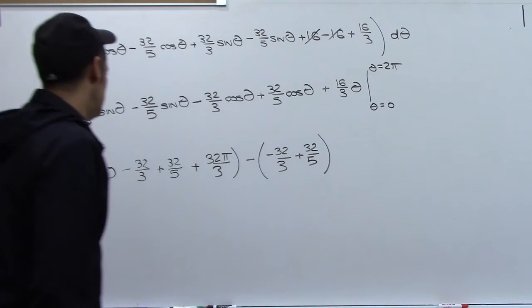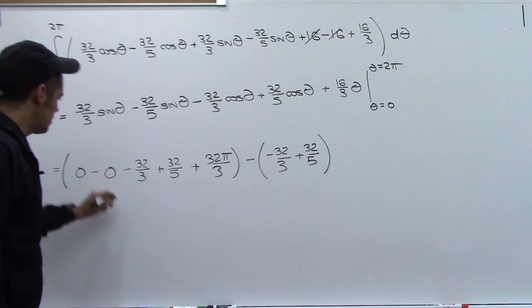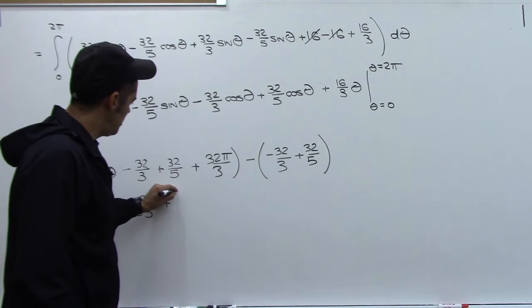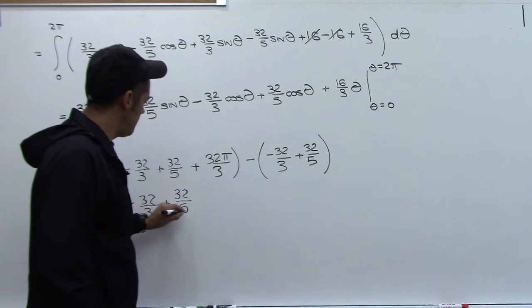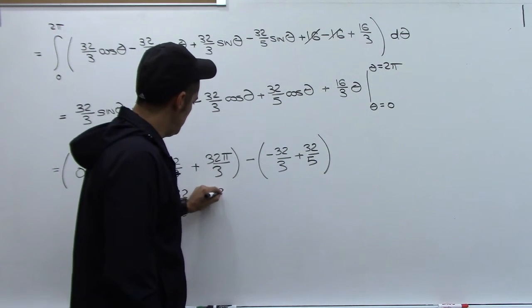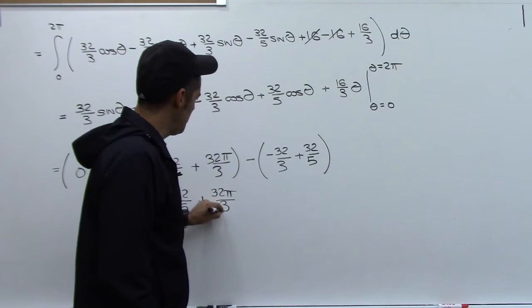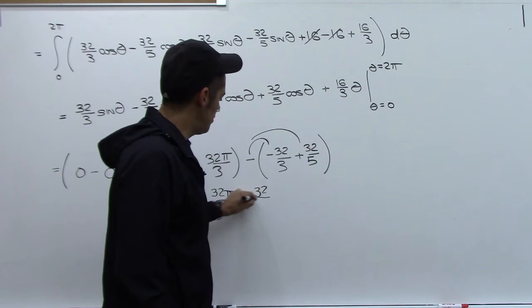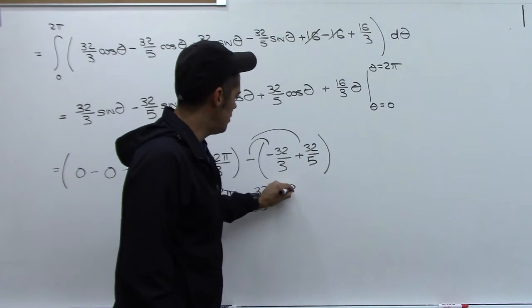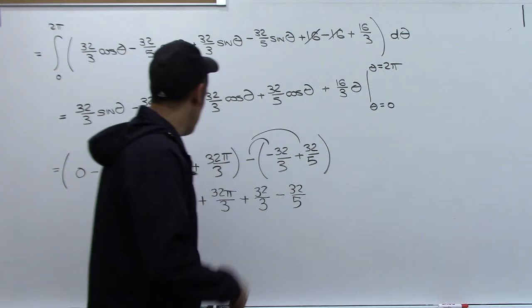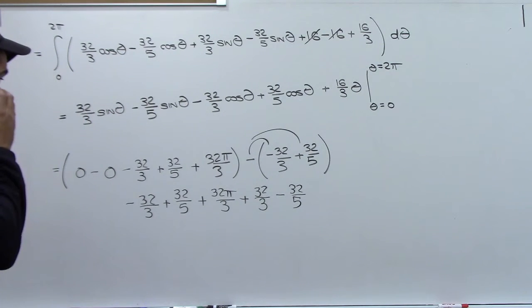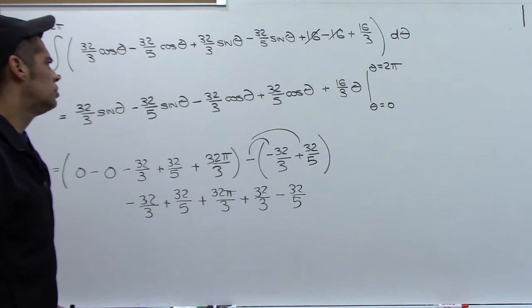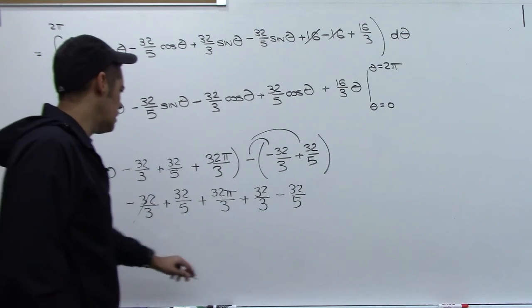So we have, these are gone. This is negative 32 thirds plus 32 fifths plus 32 pi over 3. And then distribute negative through, so plus 32 thirds minus 32 fifths. That does not look right. These look like they cancel.